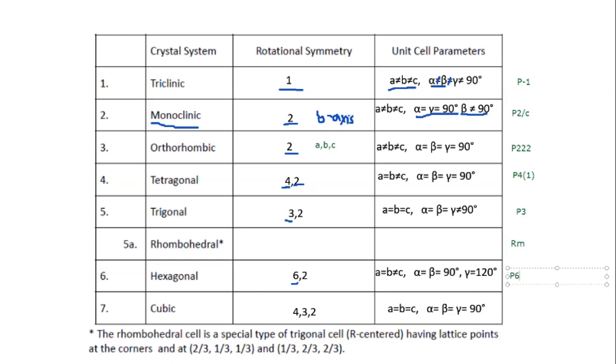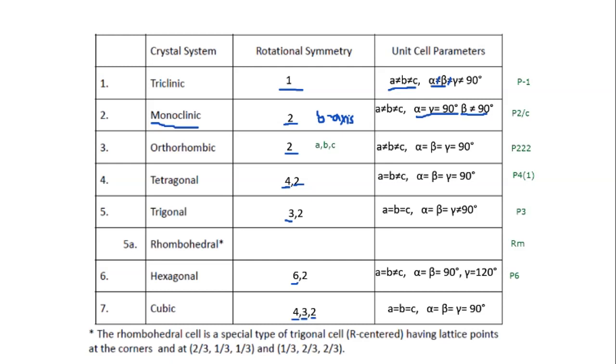And then we get to cubic, and it's a little bit tricky, but typically it has fourfold in addition to threefold and twofold symmetry. So cubic has a variety of different types of rotational symmetry. If you see a space group that contains a fourfold and a threefold, or fourfold, threefold, and twofold rotational symmetry, it's a good indication that it is cubic.